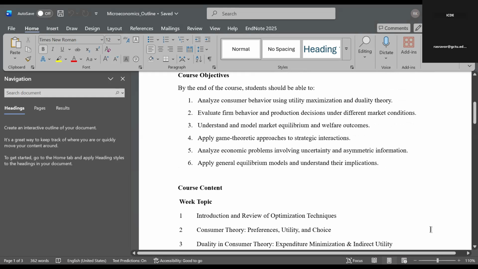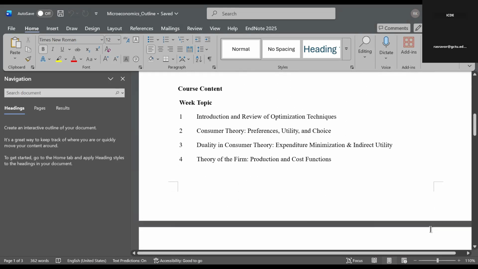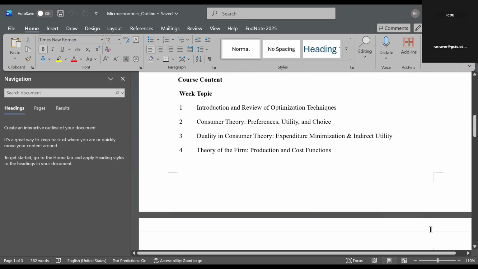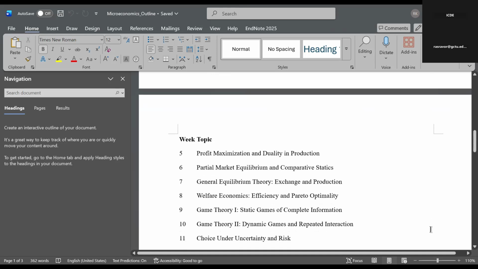So basically, this is what you'll be doing, but I will take you through optimization preferences, then the duality, expenditure minimization, and then the indirect utilities. I'll look at the theory.